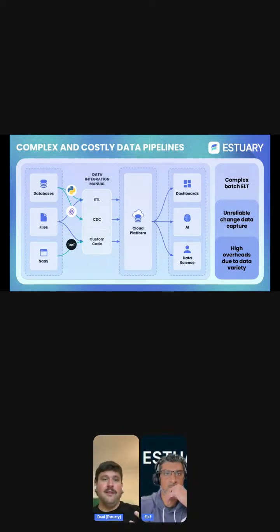To combat this, organizations end up with something that in most cases is super complex, very expensive, and most critically of all, fragile. Batch systems usually can't deliver fresh enough data. Stream processors are notoriously difficult to operate and expensive, and change data capture is unreliable. So this is the status quo currently, and it is what Estuary set out to solve.